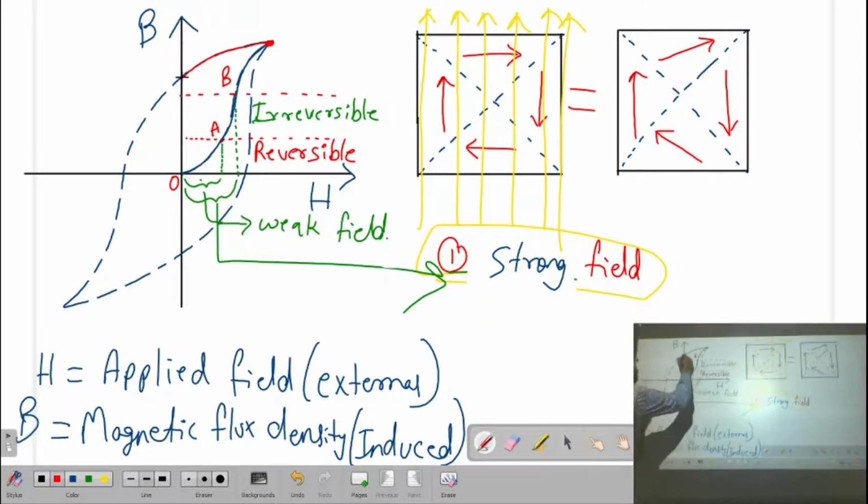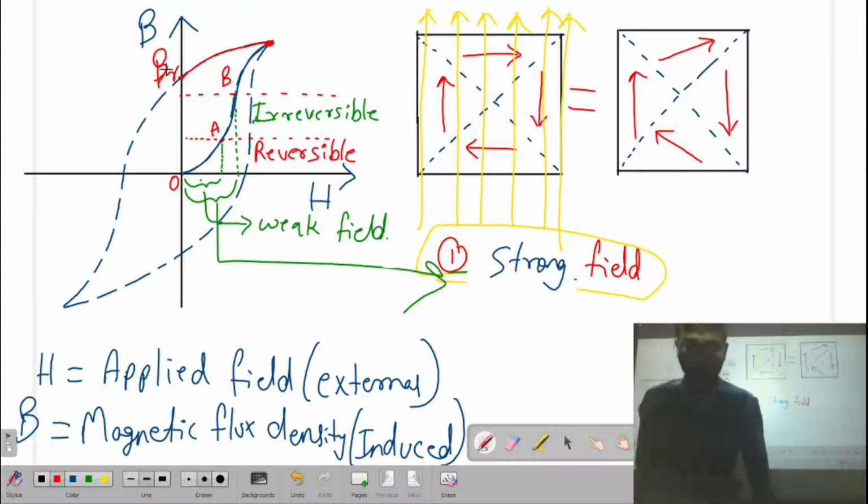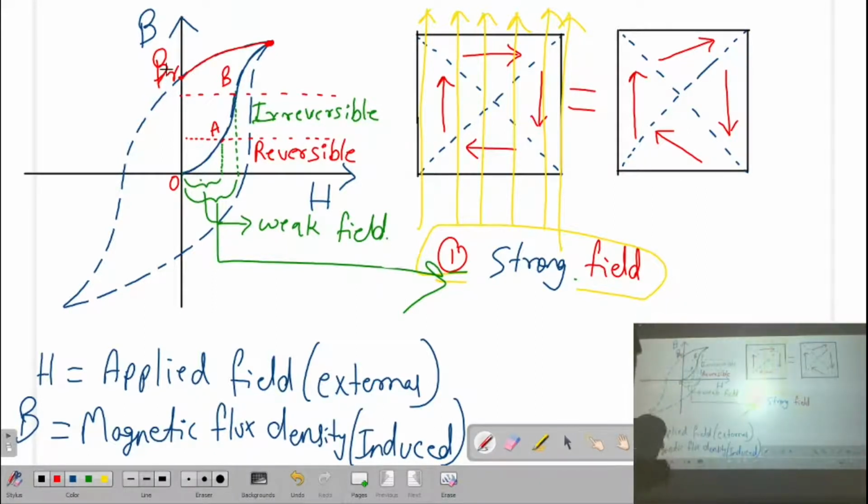But at this point, B is not equal to 0. Remember this point. This is known as BR. This BR is known as remanence. Remember this word: this BR is known as remanence.